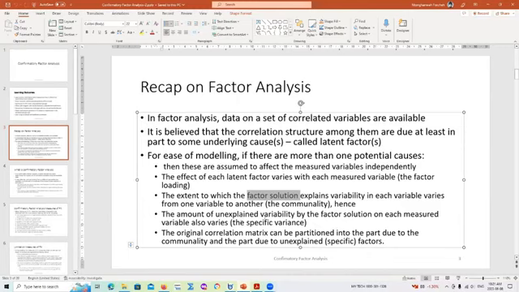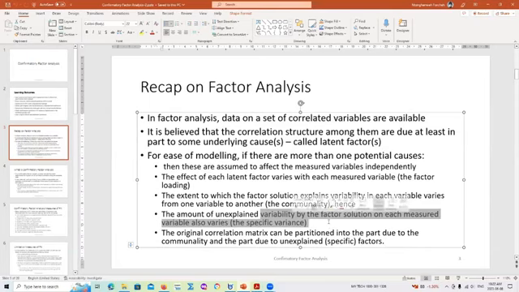If you've done any form of regression, which is what we are really doing in structural equation modeling, when we take the total variance in a variable, we can partition it into the variance explained by the model and the variance that is unexplained, or the residual variance.